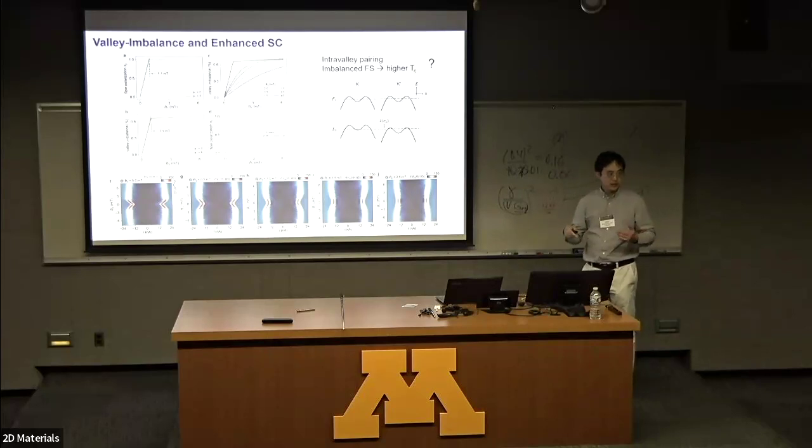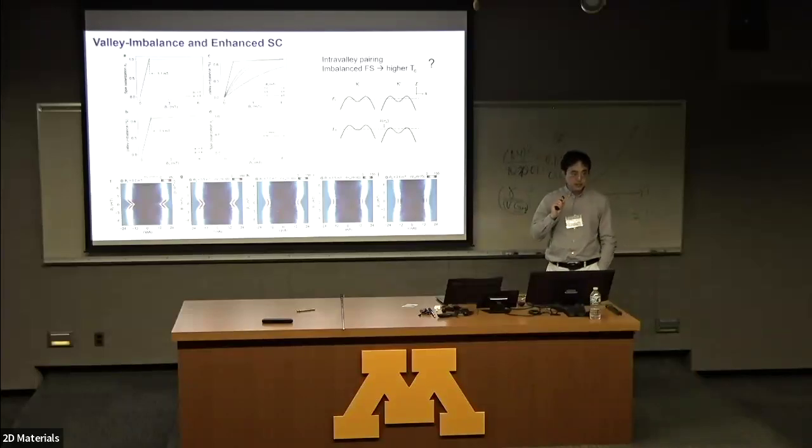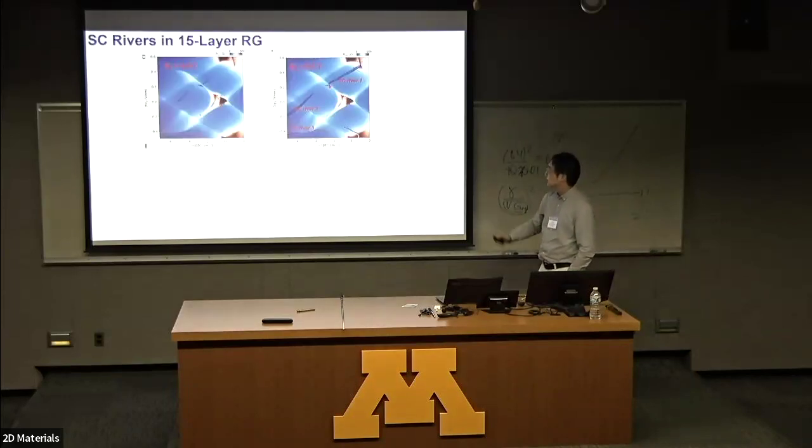It's not parabolic then. And if the superconductivity Tc is pretty much dominated by that valley that has bigger density of states, then maybe the whole thing shows as a stronger superconductivity. This is not a theory. It's a summary of experimental observations, which makes sense in all the tests that we did. And that gives you a single-digit millitesla enhancement of superconductivity, which is not seen in any other graphene-based superconductor.